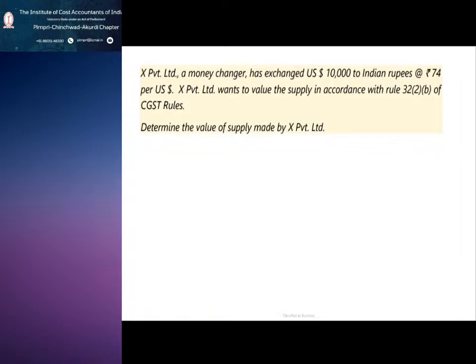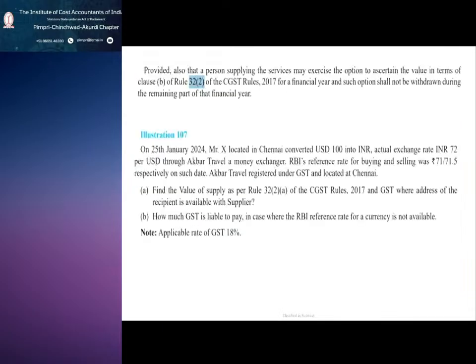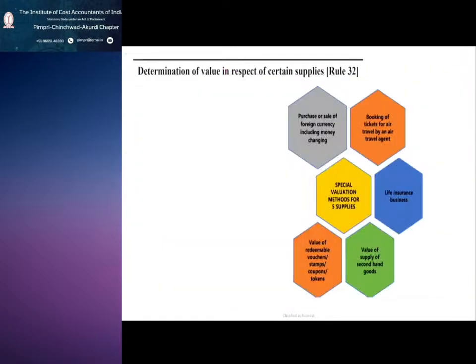So we have seen, out of these five specific valuation methods, the purchase or sale of foreign currency including money changing. In this we have two options, 32(2)(a) and 32(2)(b). 32(2)(a) has three cases: where the RBI reference rate is given, where the RBI reference rate is not given, and cross currency.